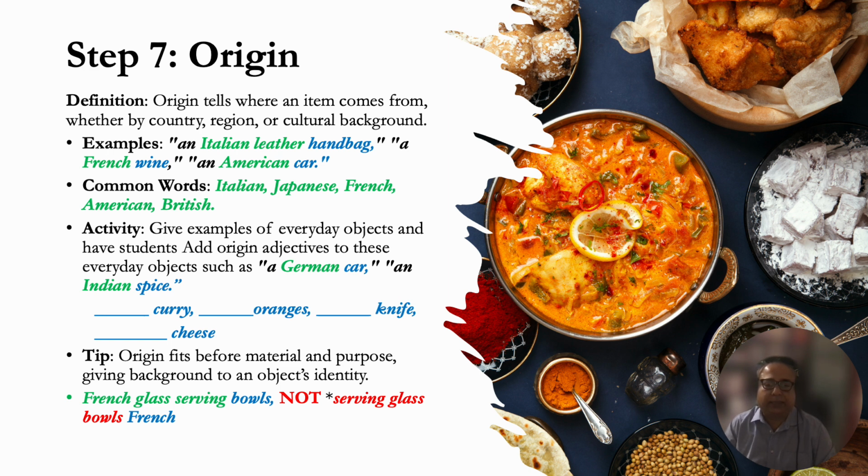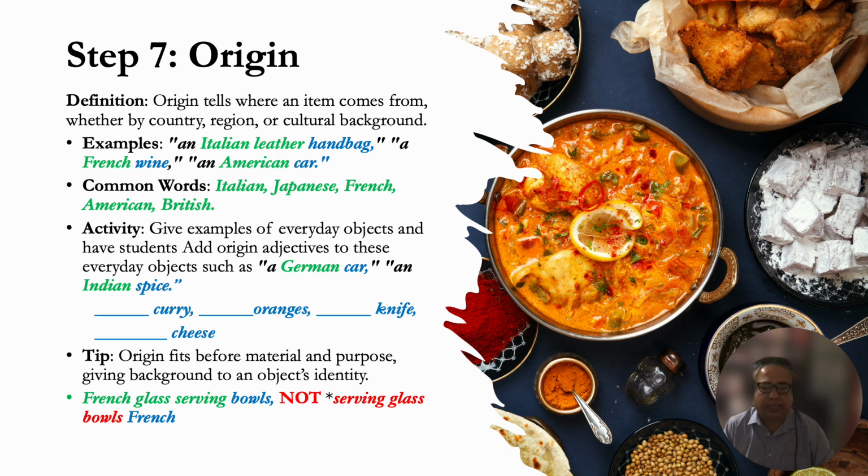You can match up the images and the description. On the left, I need you, again, this is a short activity. I need you to use an origin adjective for each of the nouns: curry, oranges, knife, and cheese. Okay?